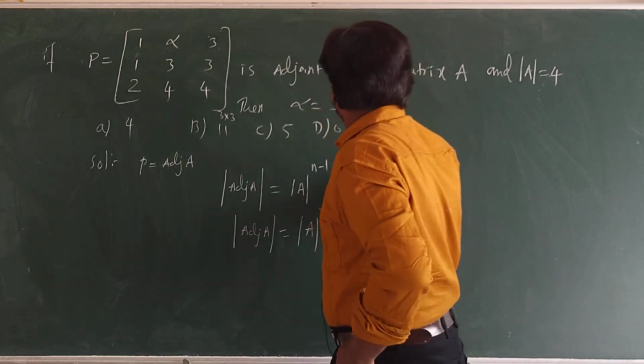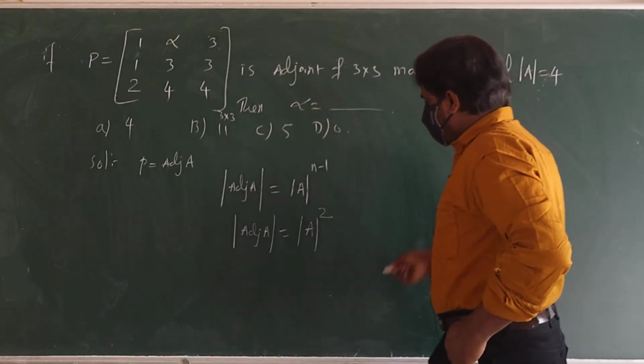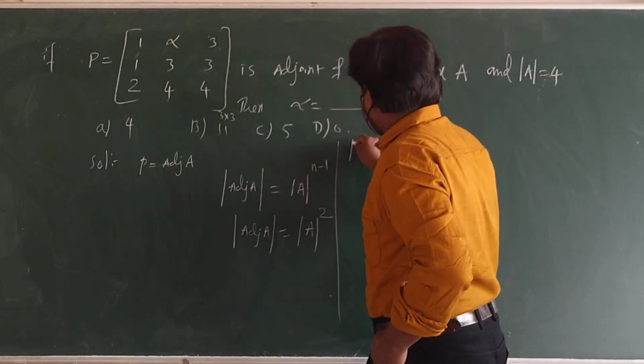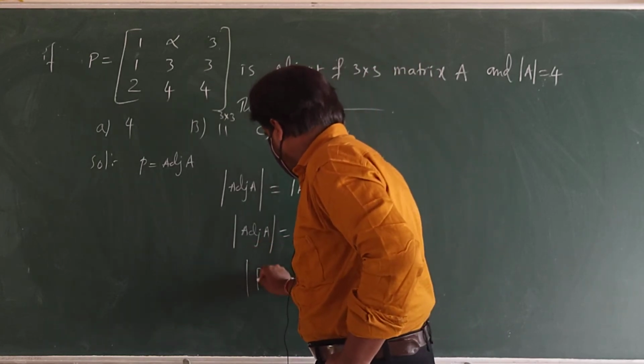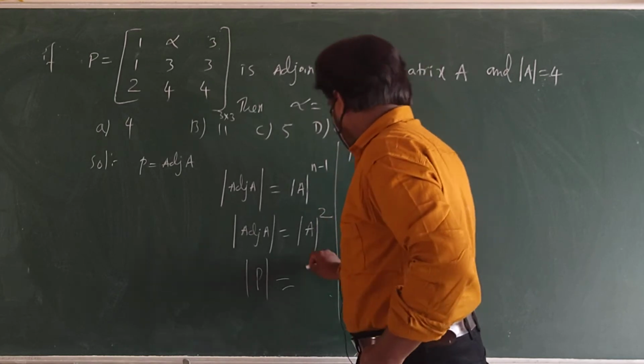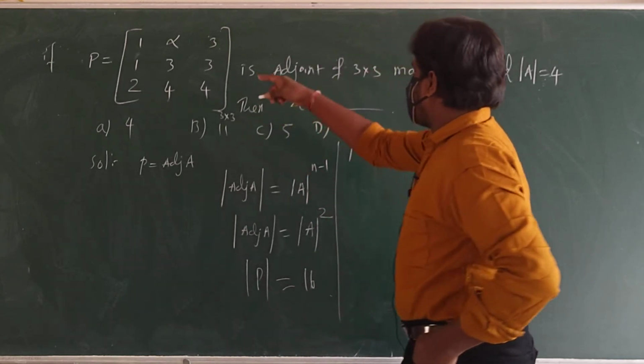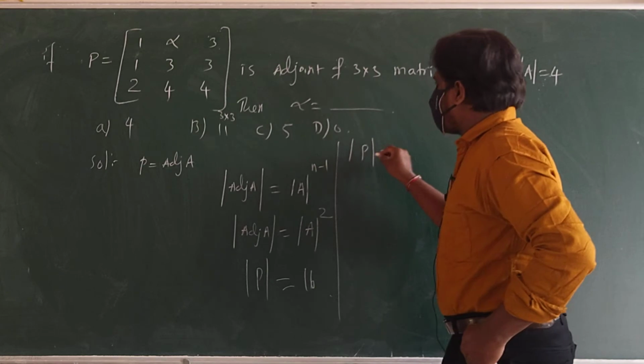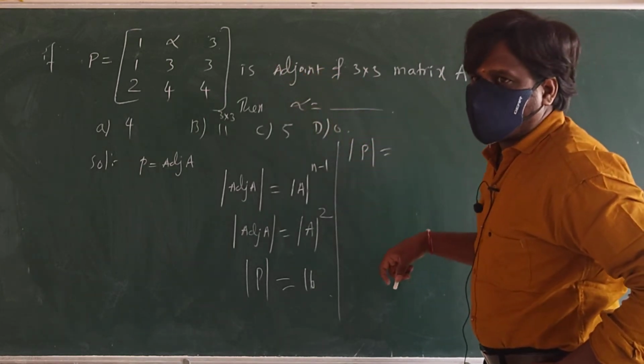What is the determinant of A given? So what is the determinant of the adjoint matrix, that is P? This is equal to 16. So the determinant of P is equal to 16.